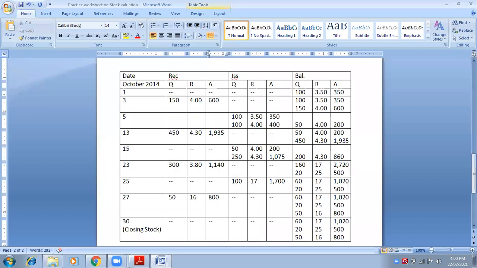Is it correct now? Yes, ma'am. And what happens in the issue column? Nil. Okay. Now, balance. What needs to be written first? The earlier date's balance, the 15th date. On the 15th we had 200 in the pocket. So we will bring down this 200, same 4.30 and 860.